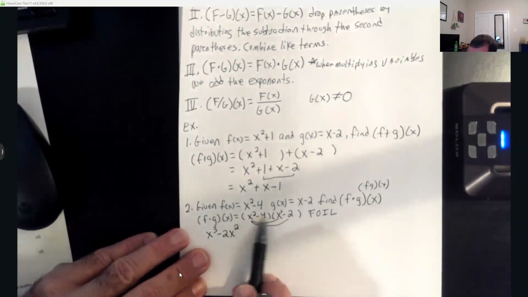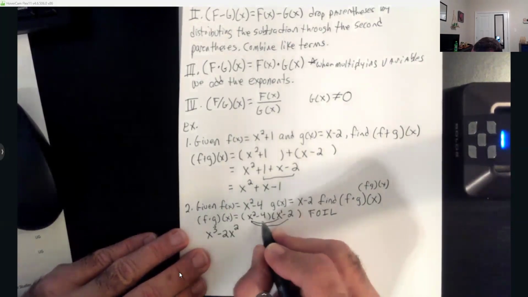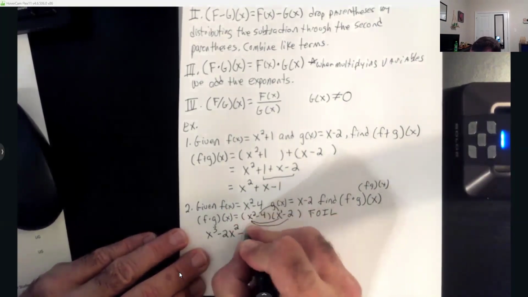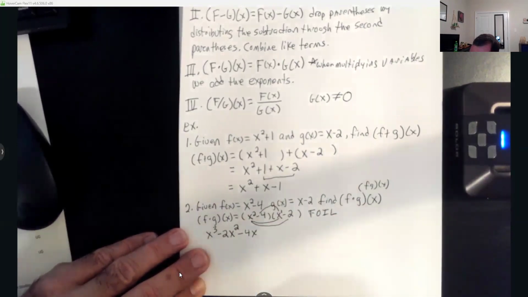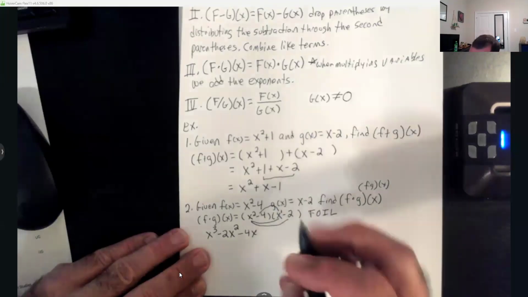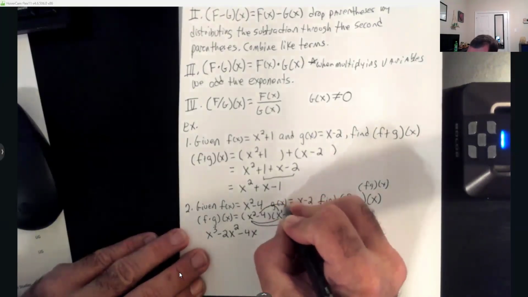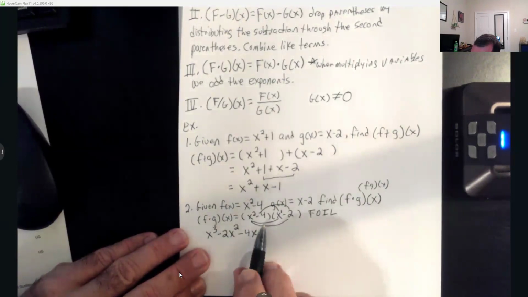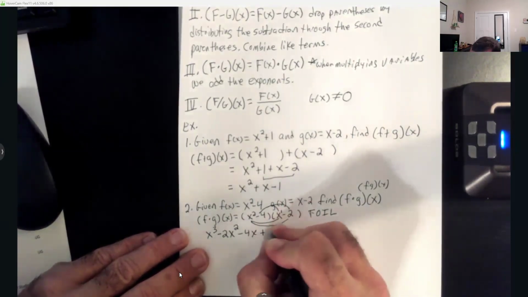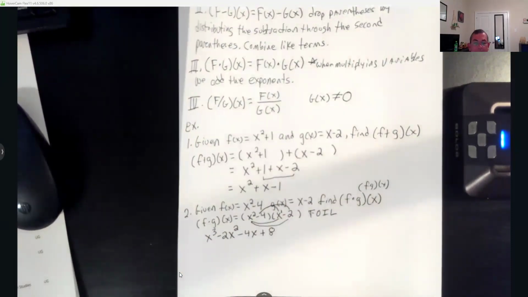Now we got to distribute the negative 4. So the negative 4 multiplies by the x, giving us the negative 4x. And y'all, finally, that negative 4 multiplies by the negative 2, because that's the last ones from each parenthesis. So negative 4 and negative 2 will give us a positive 8.